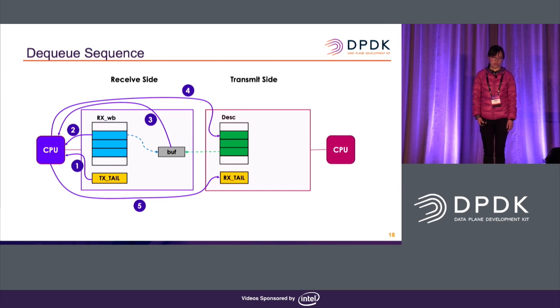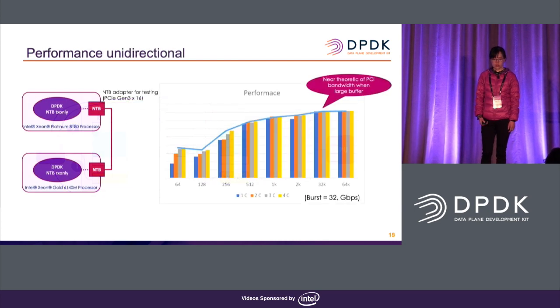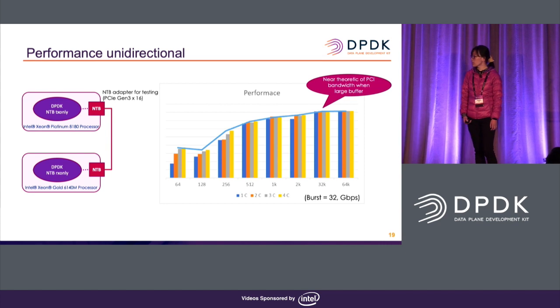So the dequeue and enqueue functions are very simple here, but we did a lot of optimizations. For those familiar with our RX/TX burst functions, there may be some threshold things and bulk lock things. We also did that part in our NTB Poll Mode Driver. So this is the performance we get from our benchmark. We connect to Xeon CPU by the NTB adapter and use the NTB forward application.